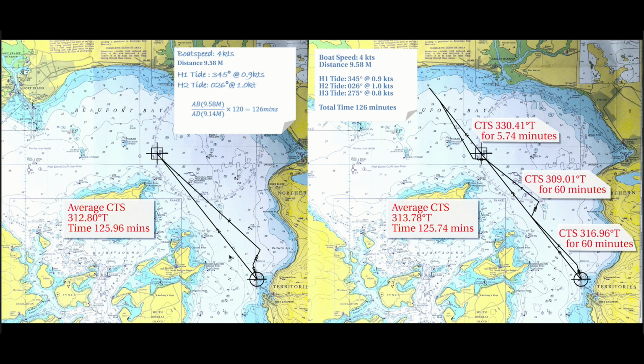So we draw this tide, then that tide, and then our water track, which is 2 times 4 knots because it's 2 hours, so that's 8 knots, and that intersects this line here, and that gives us a speed over ground. Then you use this calculation here: time equals distance divided by speed.